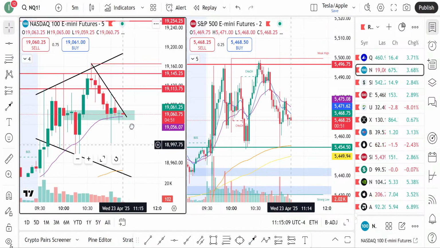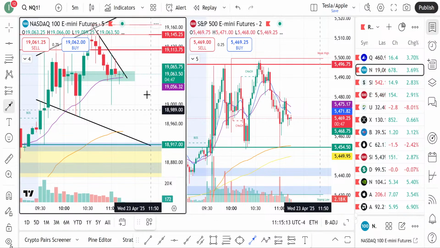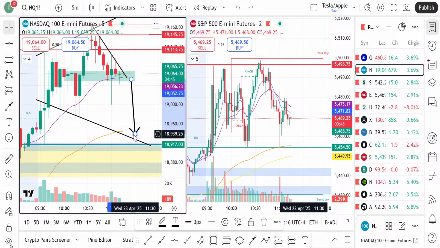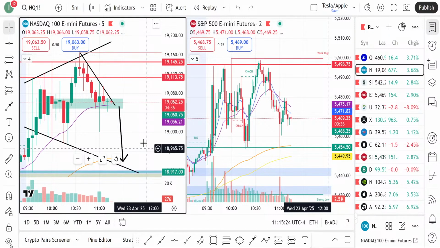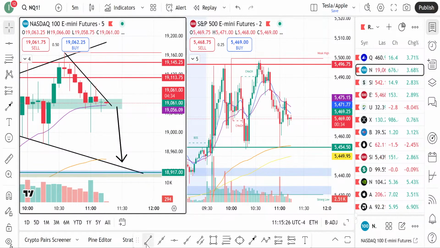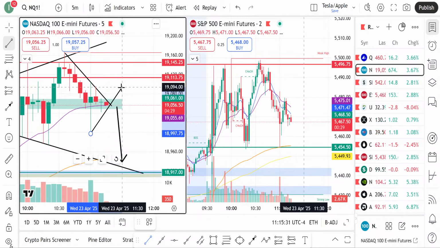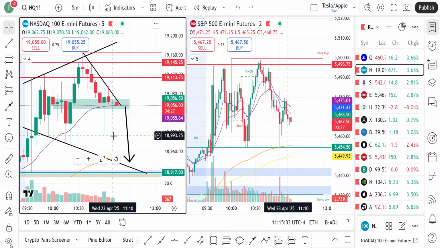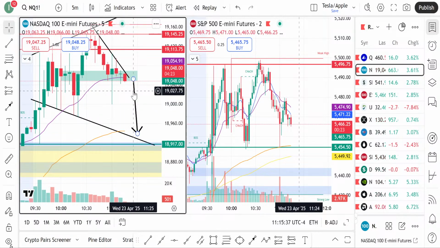If not, then it's kind of obvious. If we don't go up there, then we're going down here. Looks like we're going down.